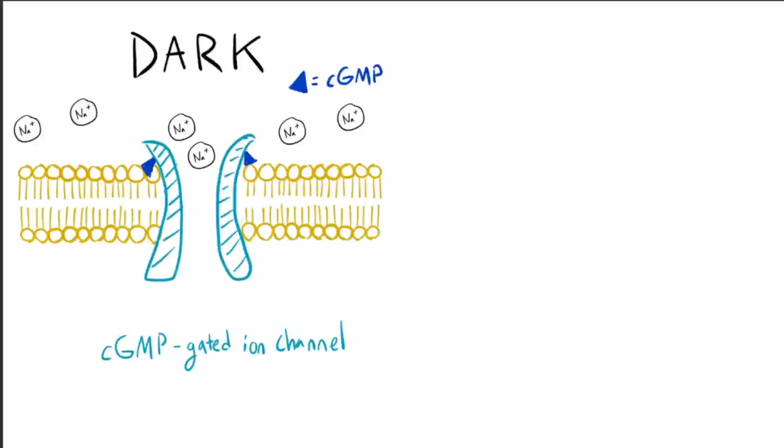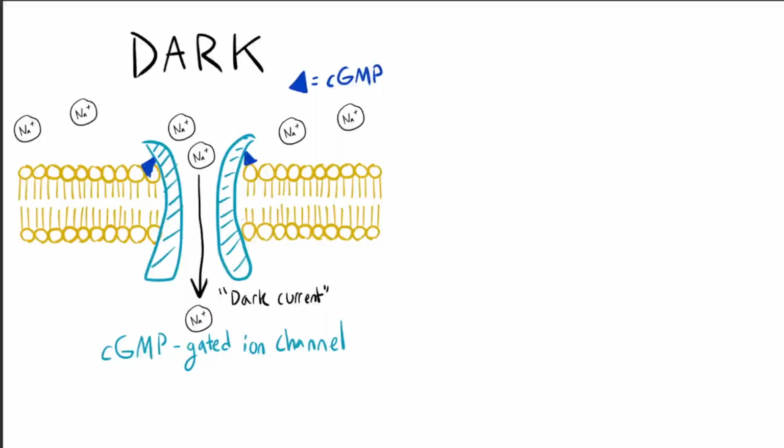Well, all right. Why do we care that cyclic GMP is getting cleaved? Well, that's because in the dark, in your rods, there's a bunch of cyclic GMP gated ion channels that are forced open by cyclic GMP. When they're open, you have a bunch of sodium flowing into the rod cell, causing a dark current.